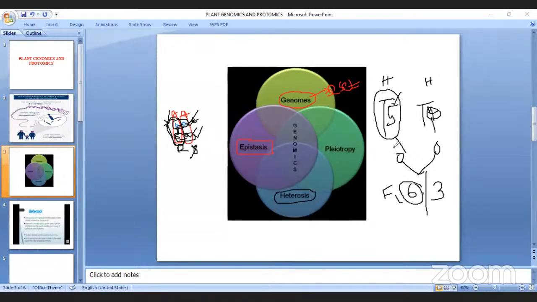That means it may be beyond or below the parents; any different character. When fertilization takes place between two individuals, one 5 inches and another 4 inches, a different character is obtained, which may be useful or harmful. So this is called heterosis. Is it clear? Yes, sir.